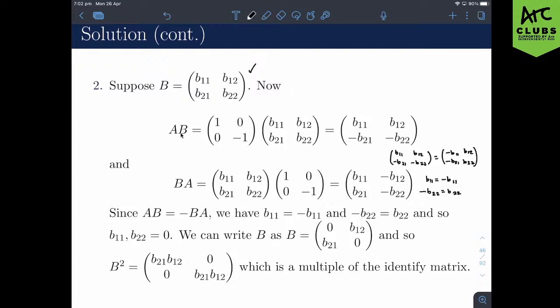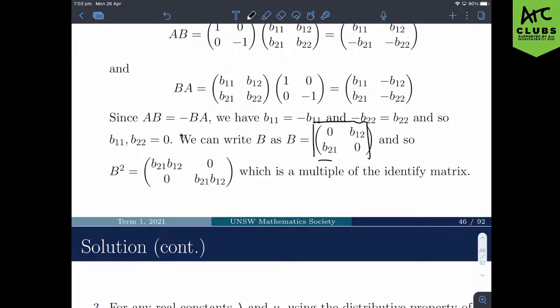So that means that these two entries are 0. I guess that tells us that we can write B in this form.